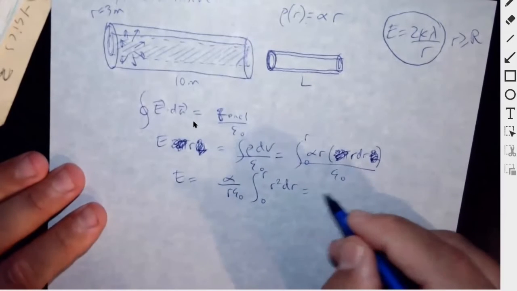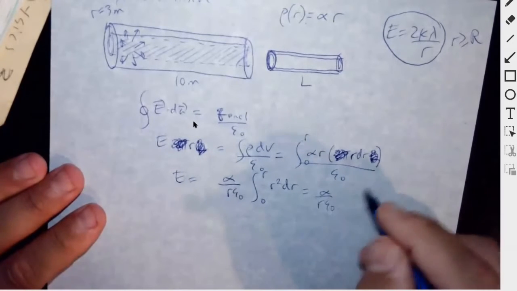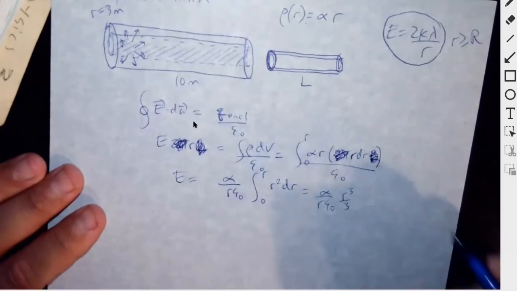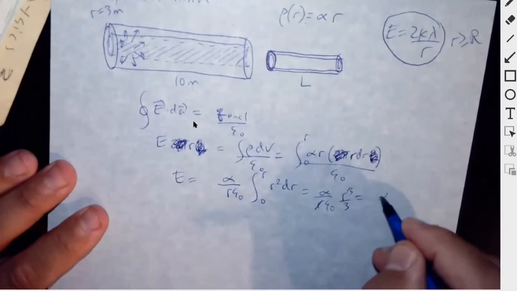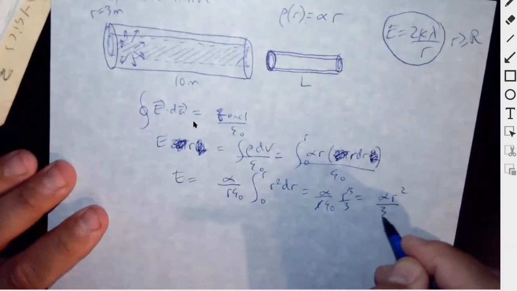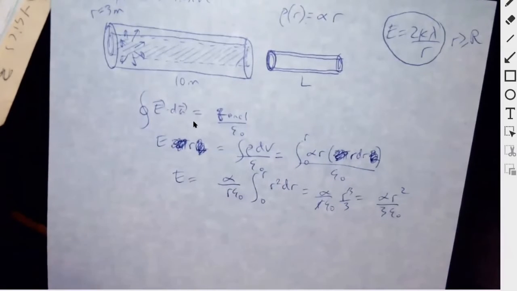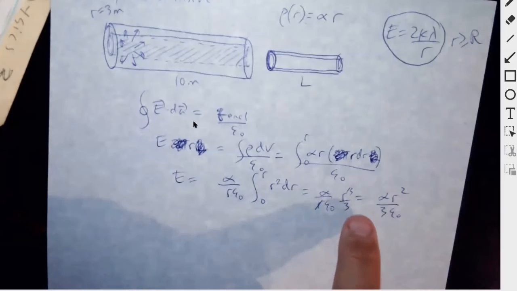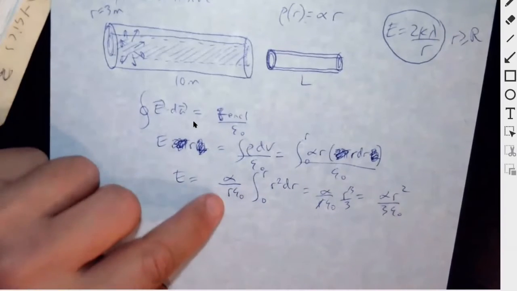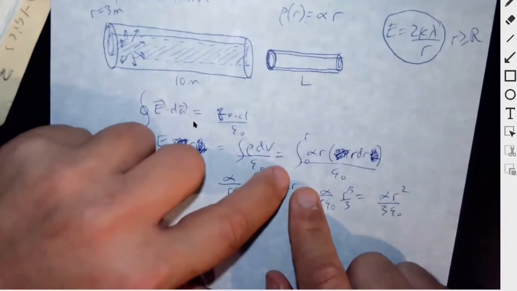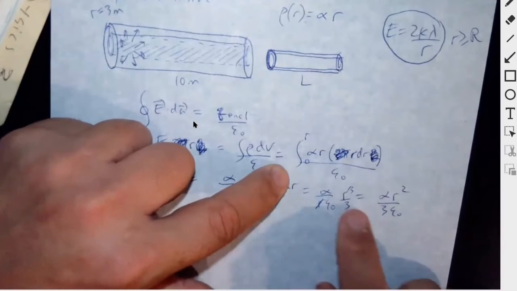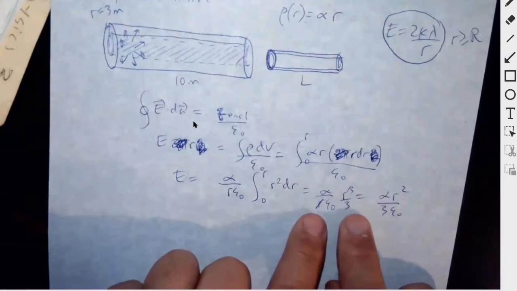Then you're going to get alpha over r epsilon naught, r cubed over 3, and then the r cancels. Let's see, does that work? Yeah, alpha r squared. This r, which came from the 2 pi rL, comes down and cancels with one of the r's after you integrate it.